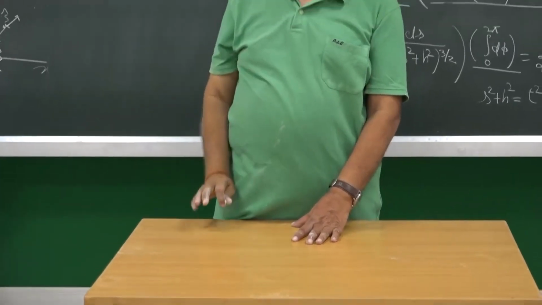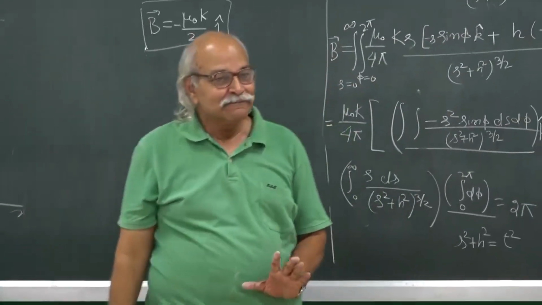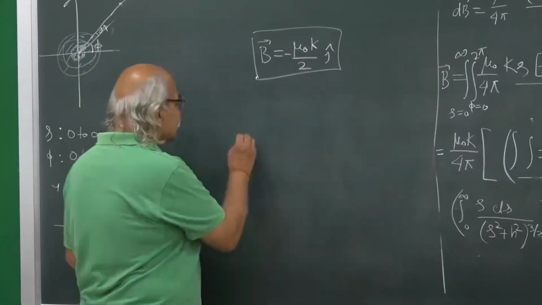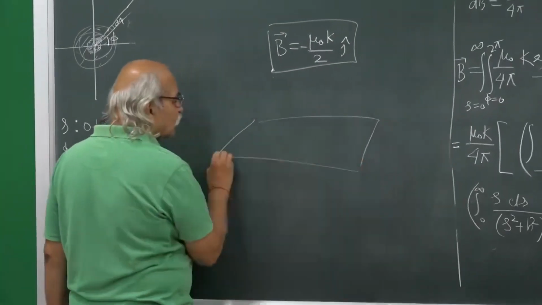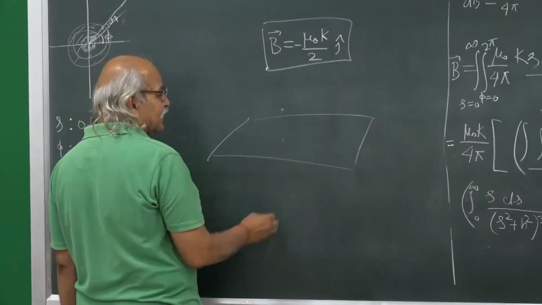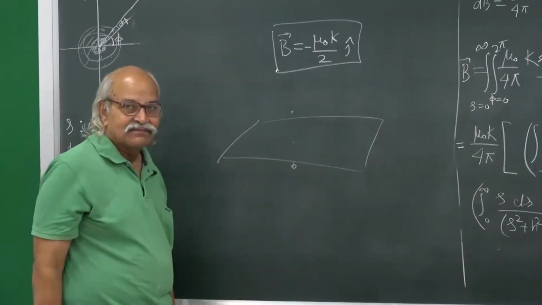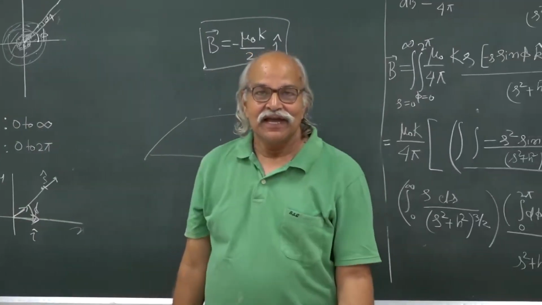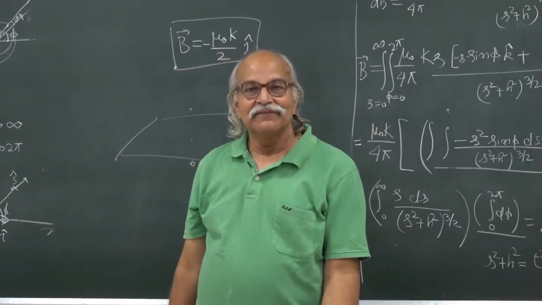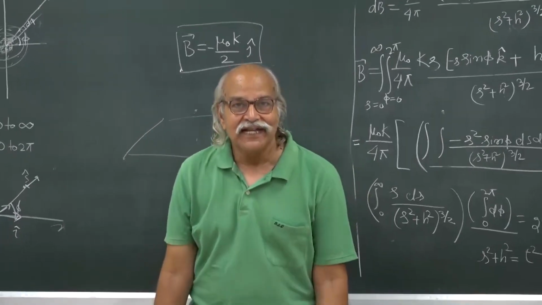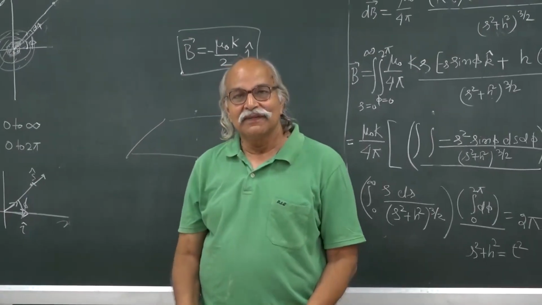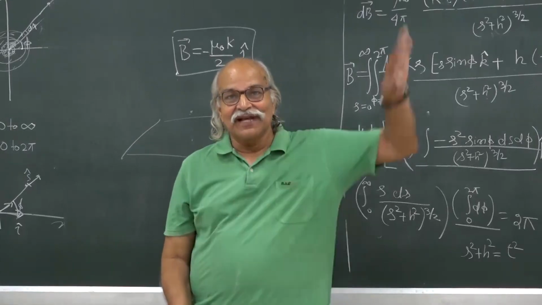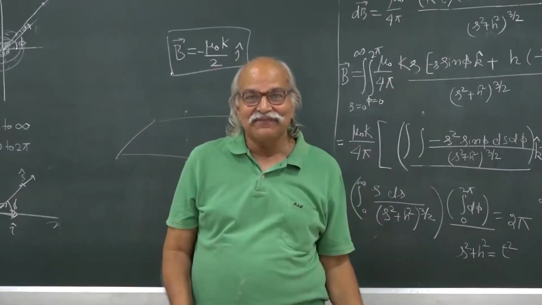So, these are the kind of things, and your homework is this: if the point that we had taken is not above the plane but below the plane, okay, the current is in the xy plane and I want the magnetic field below that plane, that means at a place where the z coordinate is negative, work out where the change will be.